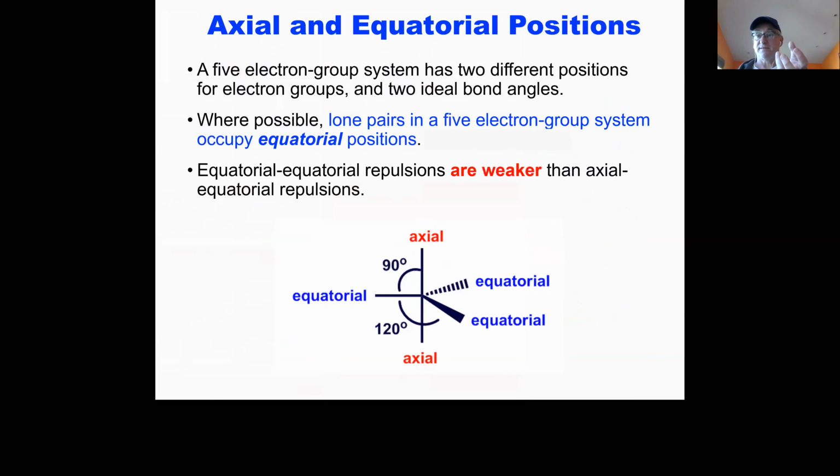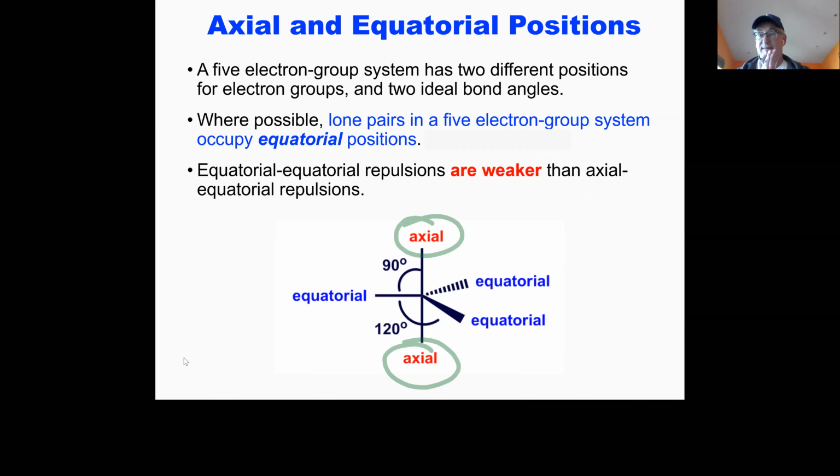Just as you pointed out, there are 90-degree angles between the axial and the equatorial. So what you want to put on the axial is something that's not going to repel everything. So you'll put an atom here and an atom there, because atoms repel the least of all the different single bonds.